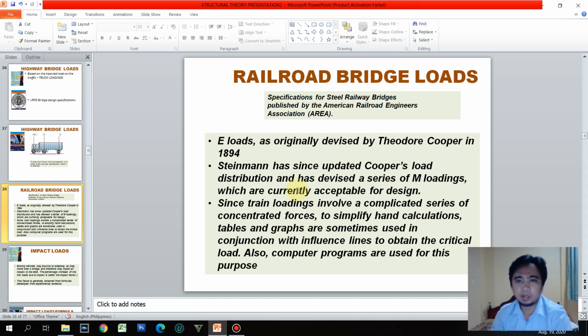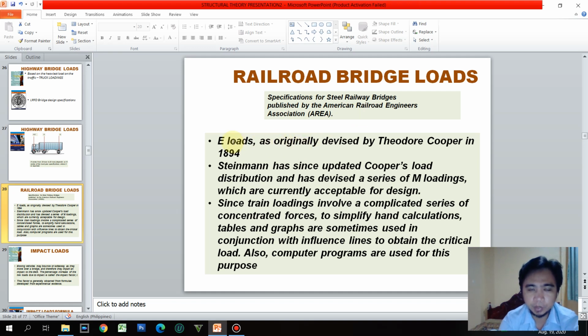So for the railroad bridge loads, specifications for steel highway bridges published by AREA, or the American Railroad Engineers Association.